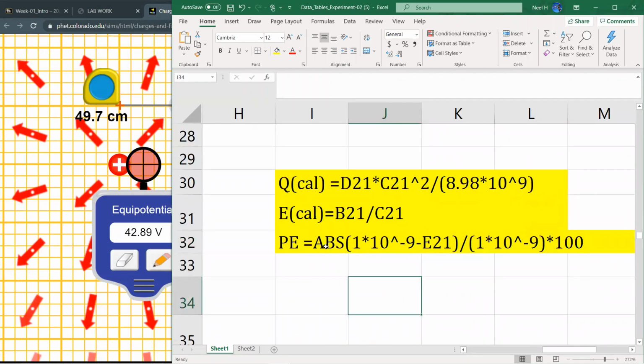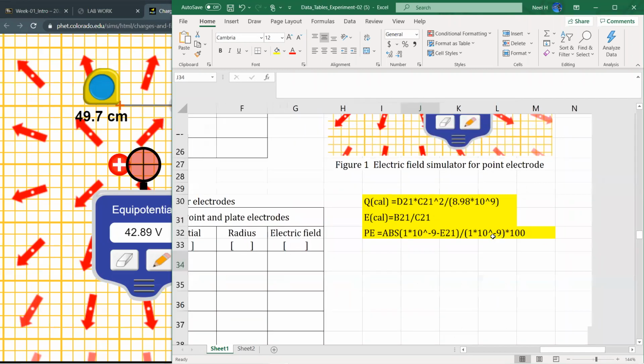Equal sign ABS, open brackets, 1 times 10 to the power minus 9 minus E21, that is the cell value, close brackets. Divide by 1 times 10 to the minus 9, times 100. Okay, got it. Thank you. Anyone else? Any question?